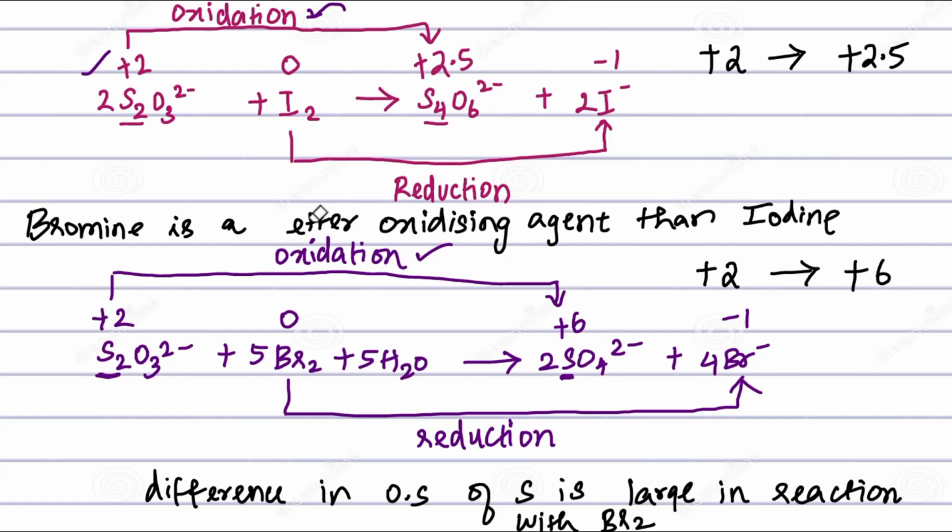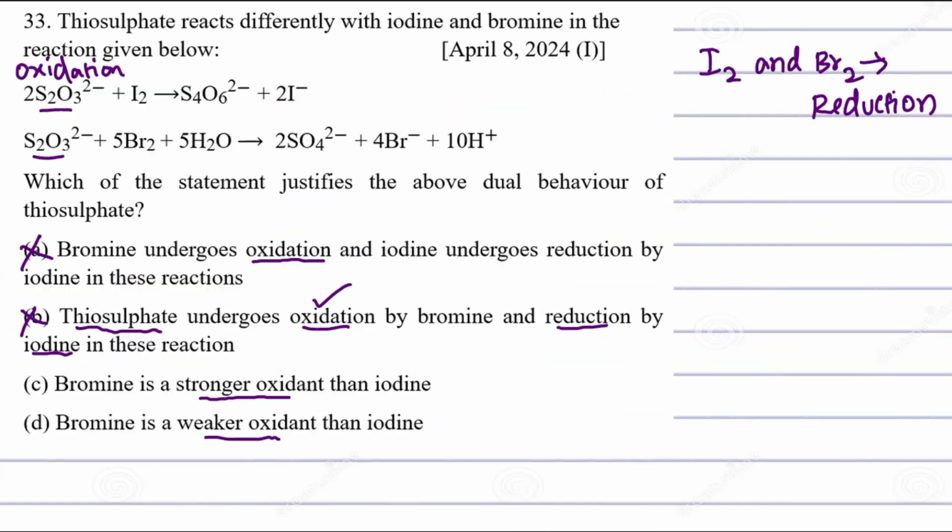Or you can also write bromine is a stronger oxidizing agent than iodine, because the difference in oxidation state in the case of bromine is larger than in the case of iodine. So the correct option is option C. Bromine is a stronger oxidant. What is oxidant? Oxidant is called an oxidizing agent. So bromine is a stronger oxidant than iodine, and option C is the correct option.